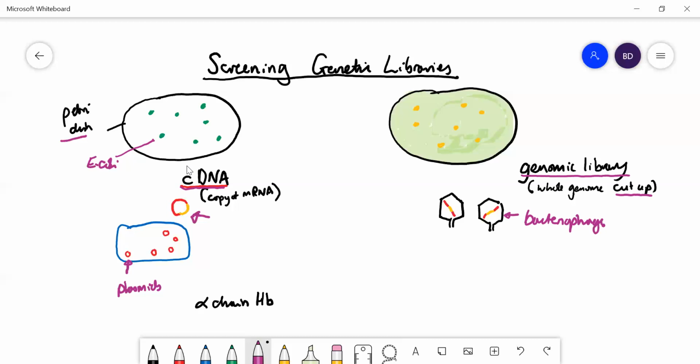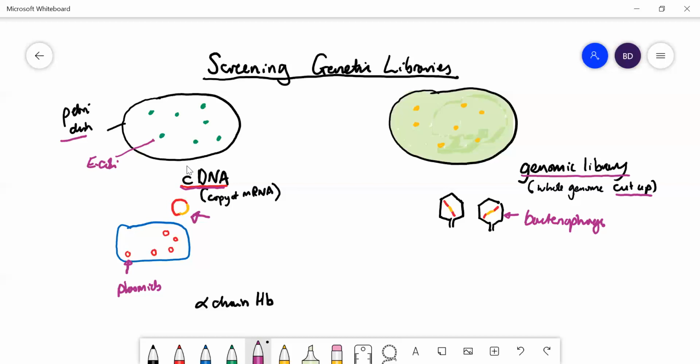One is called bacteriophage lambda, which infects E. coli. Those bacteriophages, like viruses, infect bacterial cells, kill the cell, and the cell ends up making multiple copies of the virus with its DNA in there.